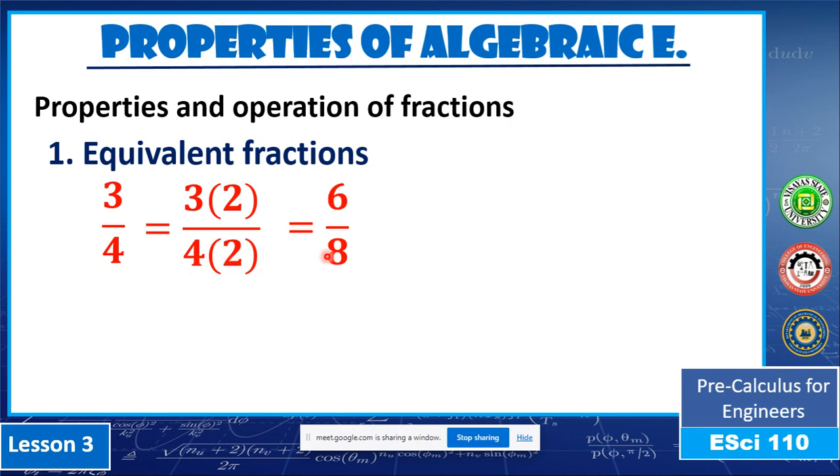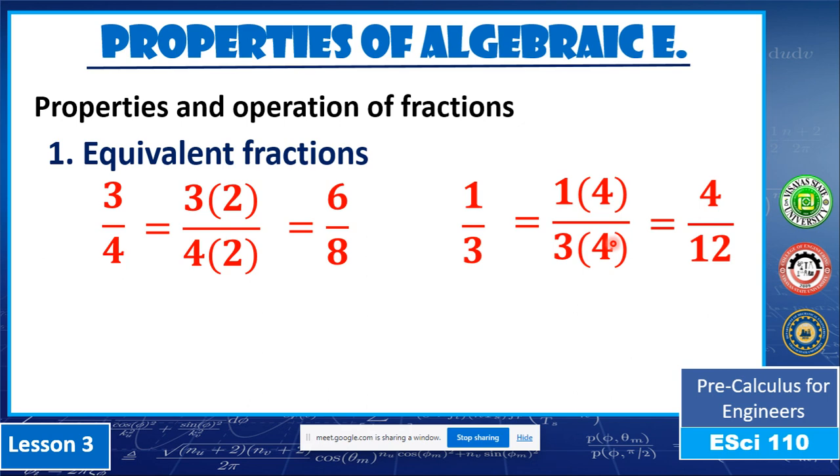Then 4 times 2 equals 8. Hala, nagbabago na siya. But overall, yung 3/4 at saka 6/8 are just equal. So they are equivalent fractions. Another example, 1/3. If I multiply both the numerator and the denominator by 4, we come up with a new fraction, which is still equivalent to 1/3, which is 4/12. So ganun lang yung equivalent fractions.